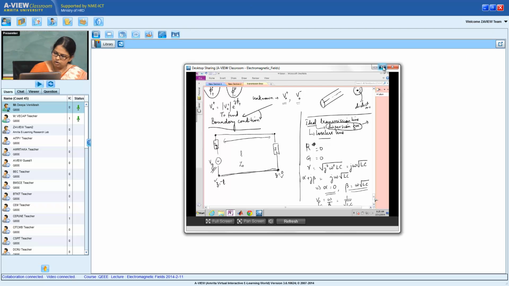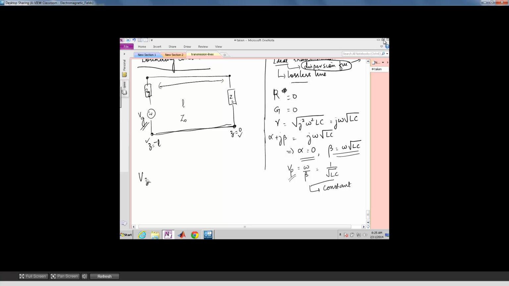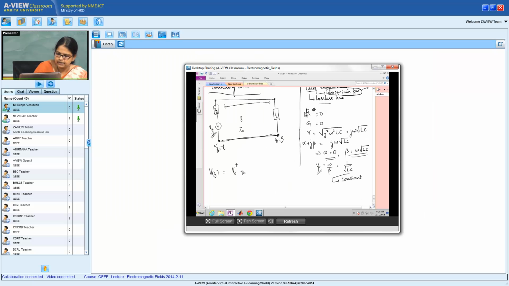So, I know that V(z) at any point in the line is a sum of the forward propagating wave V0 plus e power minus gamma z, but my alpha is 0, so this is simply e power minus j beta z, plus V0 minus e power j beta z.